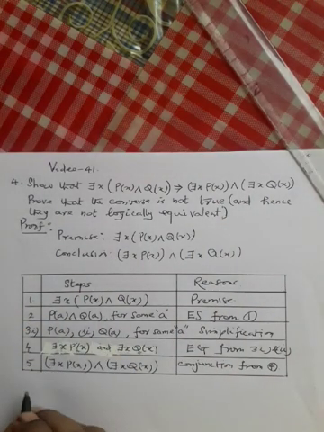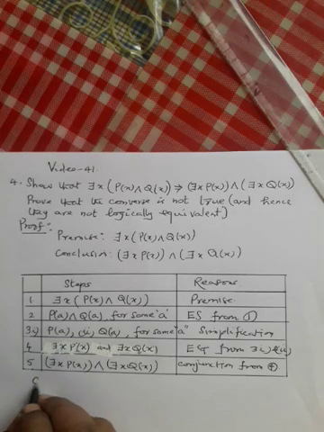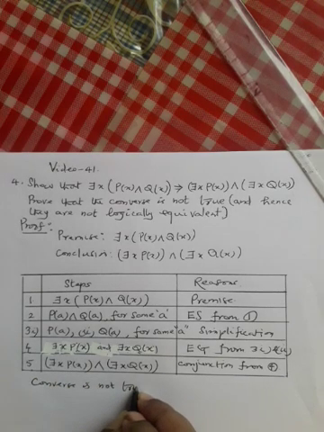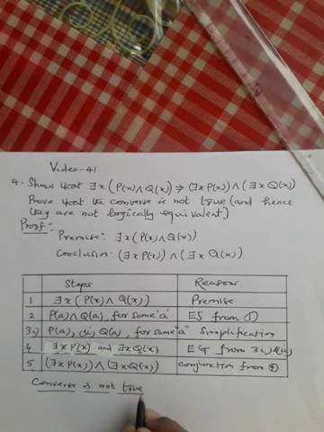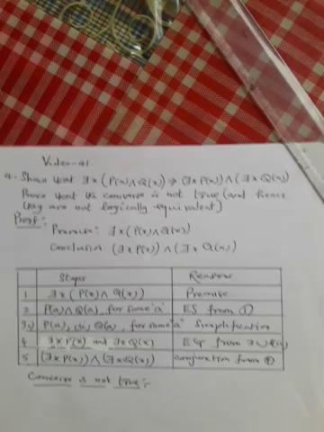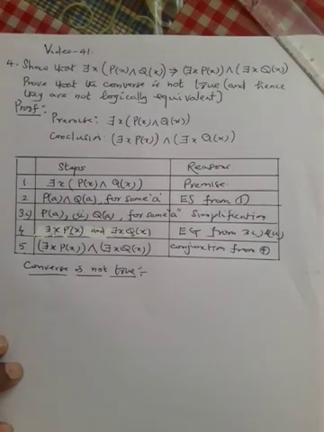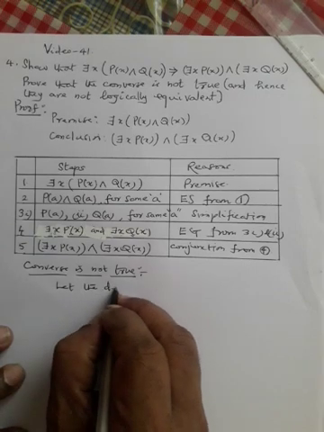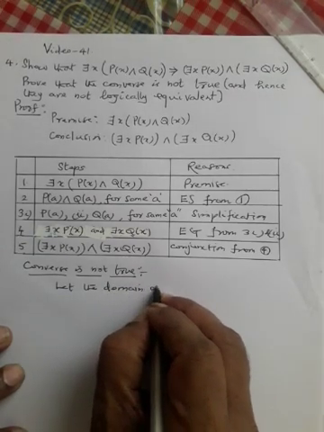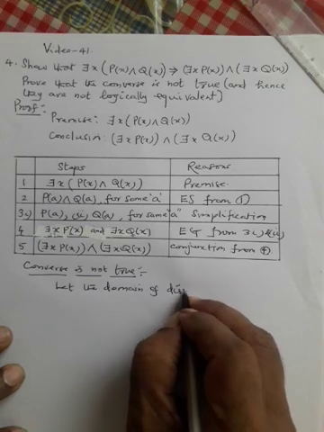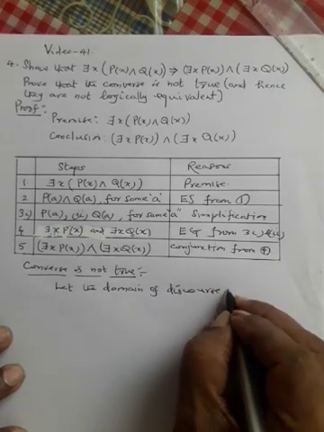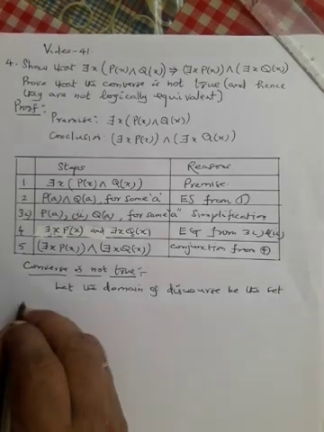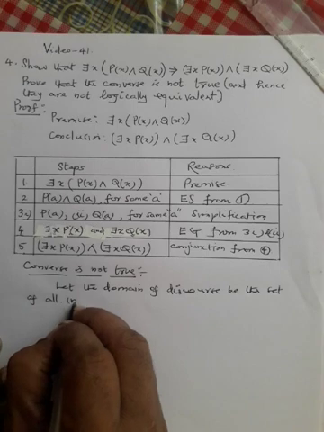Now what you need to prove is that the converse is not true. For that we have to give a counterexample. For that we let the domain of discourse, that is the domain over which x varies, be the set of all integers.